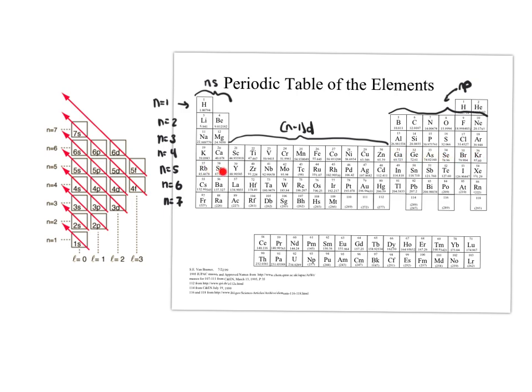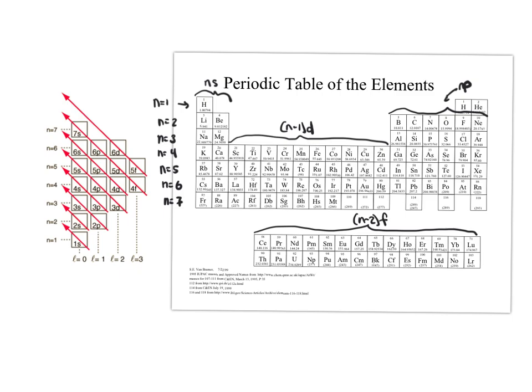So 5s, 4d, 5p, and then 6s, and then what happens is this gets inserted in here, right? These fill the n minus 2 f orbitals.